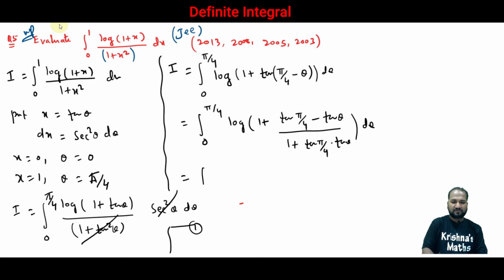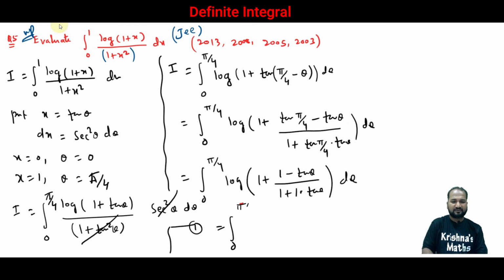So this is equal to the integral from 0 to pi by 4 of log of 1 + (tan pi by 4 is 1, so 1 minus tan theta) divided by (1 + tan pi by 4, which is 1, into tan theta), into d theta. So this is equal to the integral from 0 to pi by 4 of log of [(1 + tan theta) + (1 minus tan theta)] divided by (1 + tan theta).